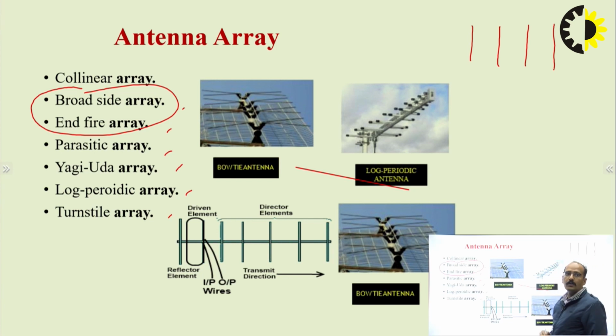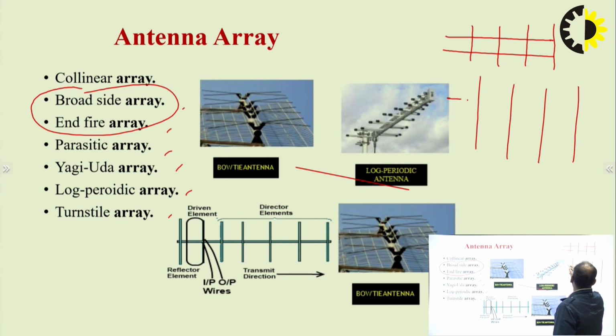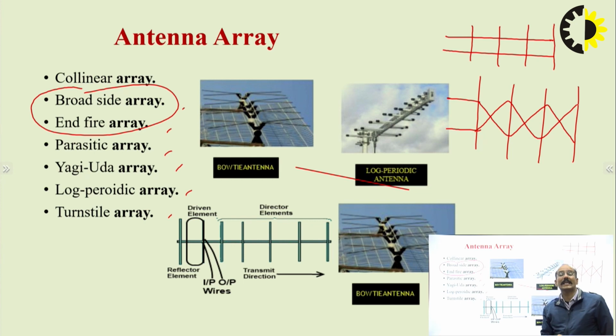If you provide power to all of these antennas in the same phase and same magnitude, it becomes a broadside array. But if you take a group of antennas and provide the power opposite in phase but the same in magnitude, it creates an end fire. This is an end fire, this is a broadside antenna array. These are the most common types of antenna arrays.